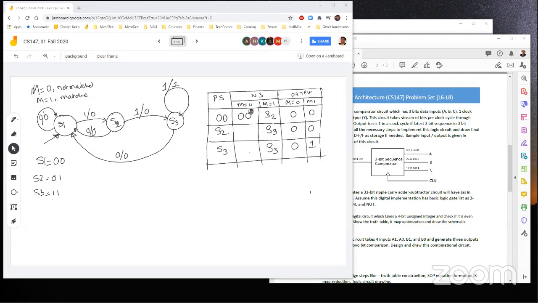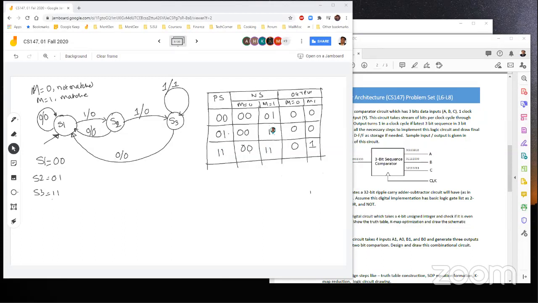And then I replace all the S2 with 0, 1. Any other S2? No, okay. And all the S3 with 1, 1.